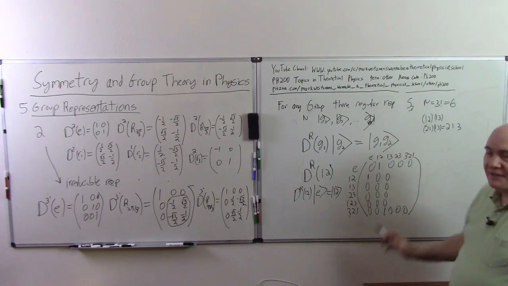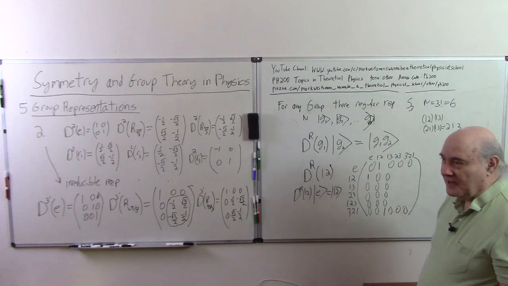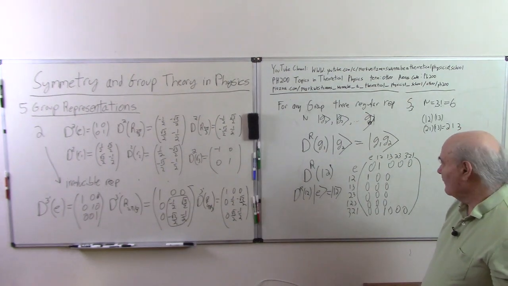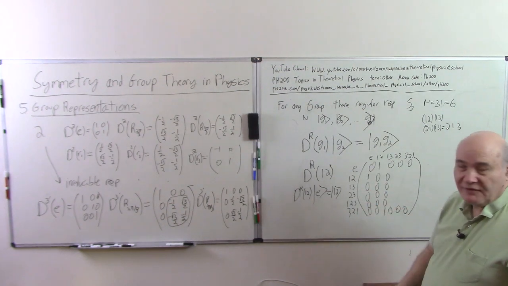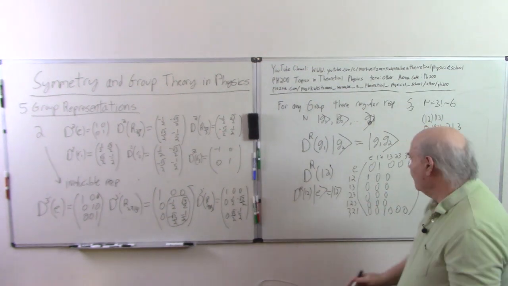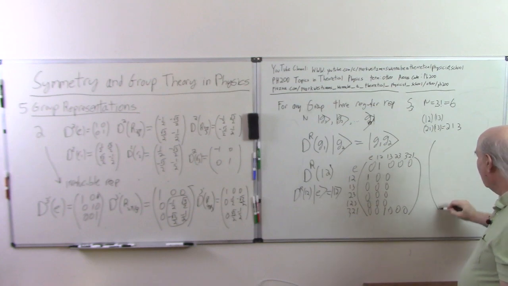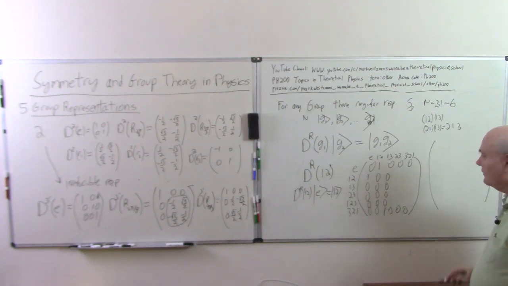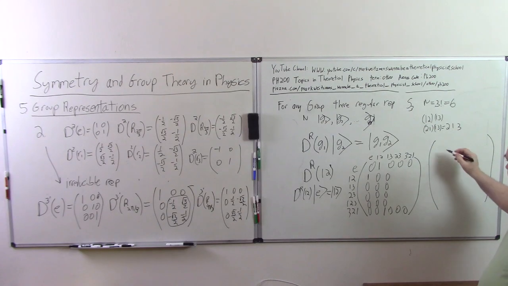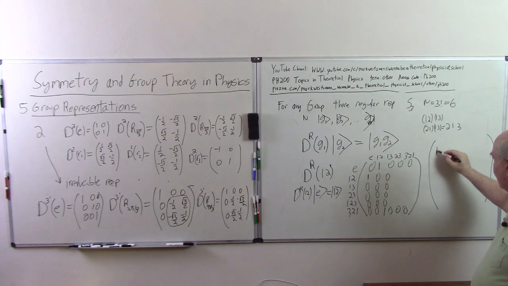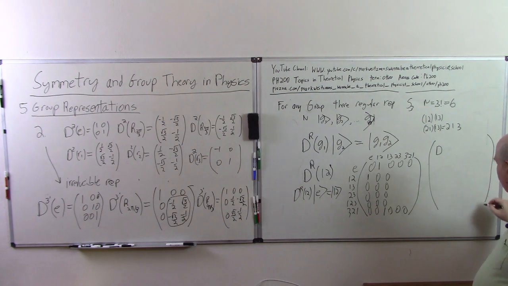So this is called the regular representation. You might think, why do we need this representation? Well, it turns out the regular representation for any finite group is reducible. And not only is it reducible, but it's reducible in a very special way where the representations all appear on the diagonal.